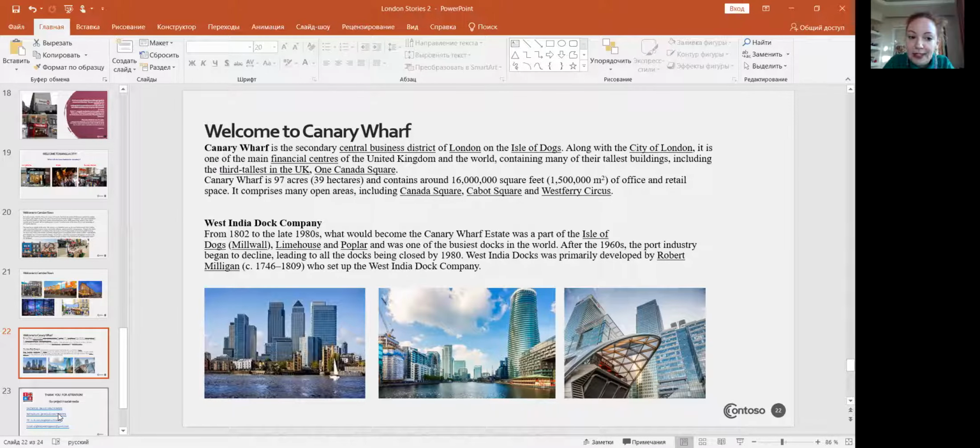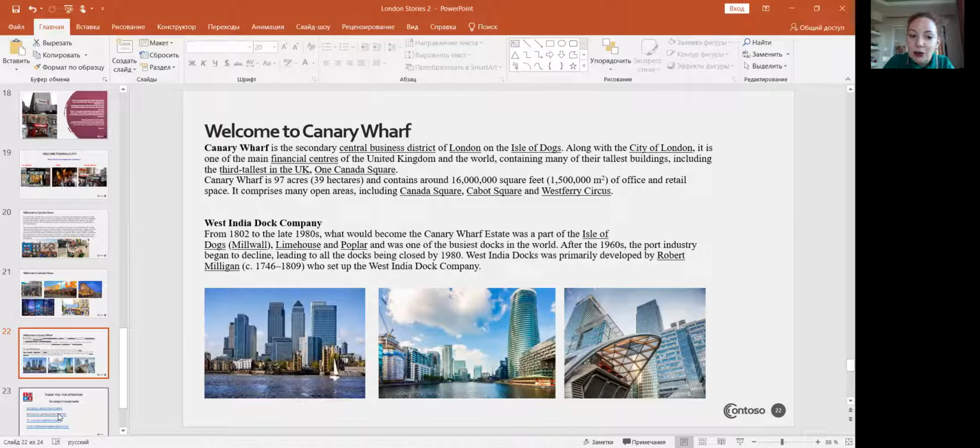Canary Wharf is 97 acres, 139 hectares, and contains 16 million square feet of office and retail space. It comprises many open areas, including Canada Square, Cabot Square, and West Ferry Circus.